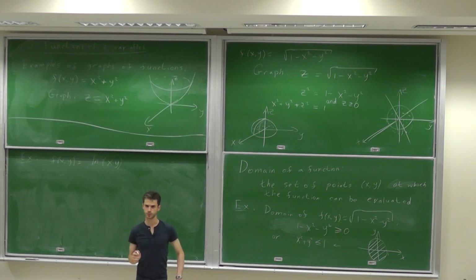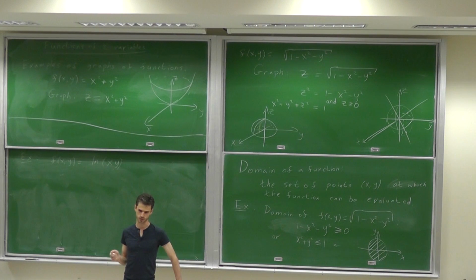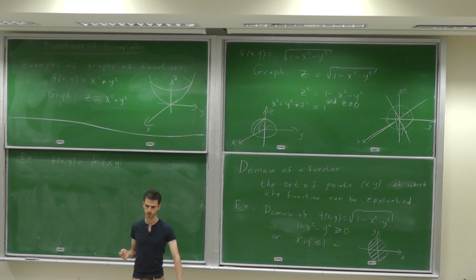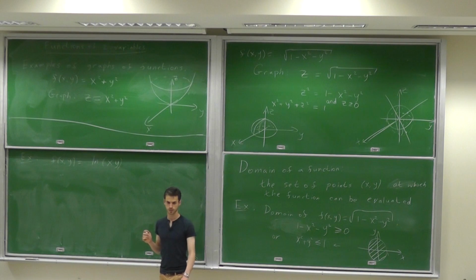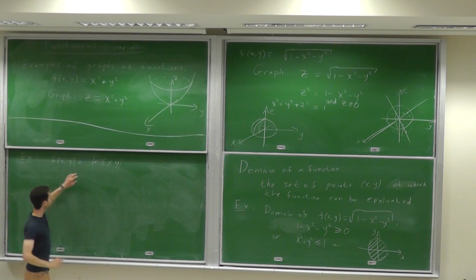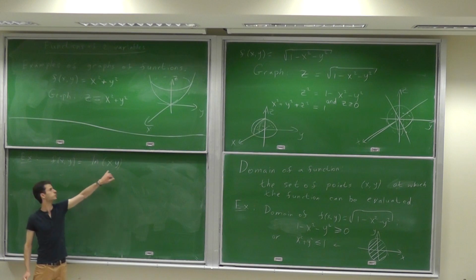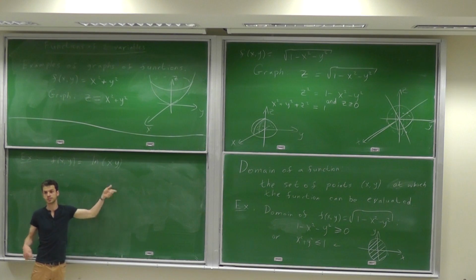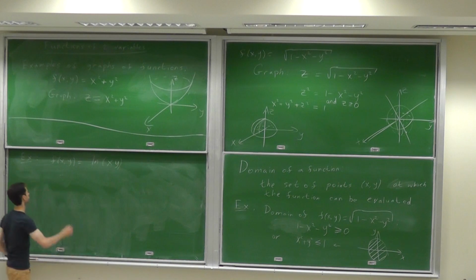I cannot evaluate logarithm of something negative. Greater than 0, yes. So if I want to evaluate logarithm, I want to make sure that the argument of this logarithm is positive, strictly positive in this case.